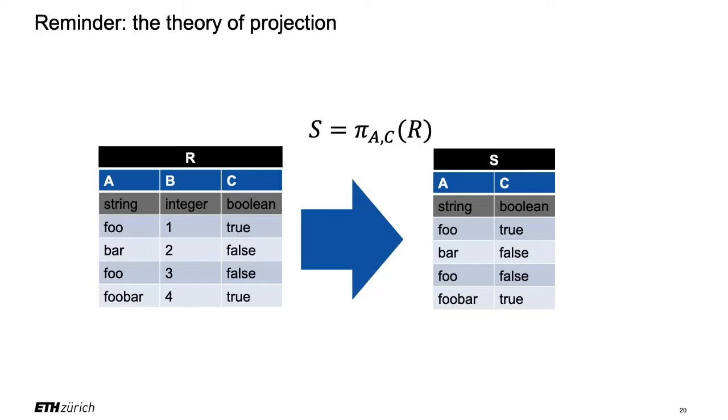In set semantics, we would need to eliminate duplicates because of what I explained earlier on this unique thing, right? We might have that A, B, and C are globally unique, but A and C might not be globally unique, right? So if it's set semantics, I would need to eliminate duplicates. If it's bag semantics, then I don't need to, right? But this is the theory.